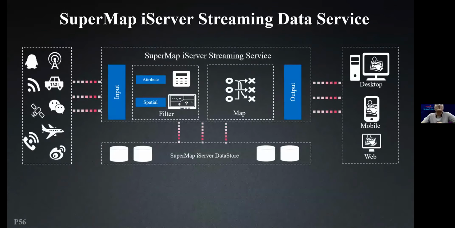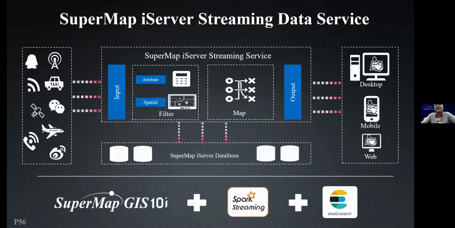And the SuperMap iServer streaming data service lets us collect data from the IoT layer, such as mobile signals, social media, and GPS devices, and import it into the SuperMap iServer streaming service.